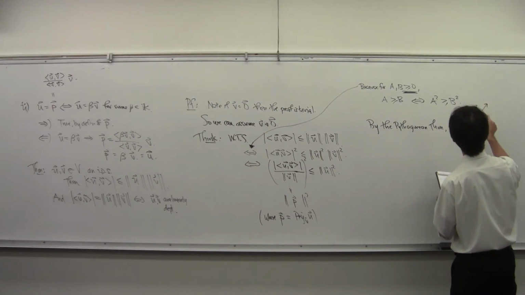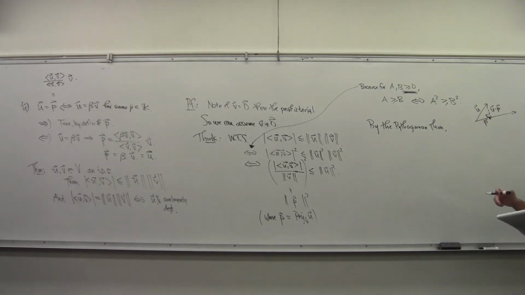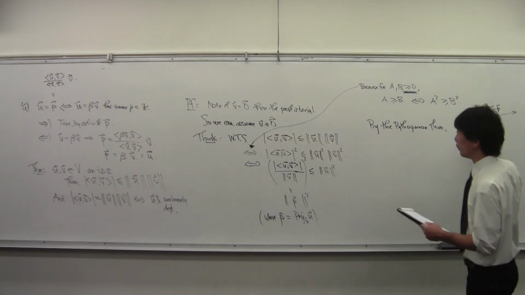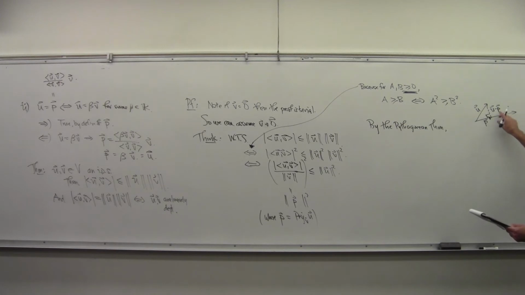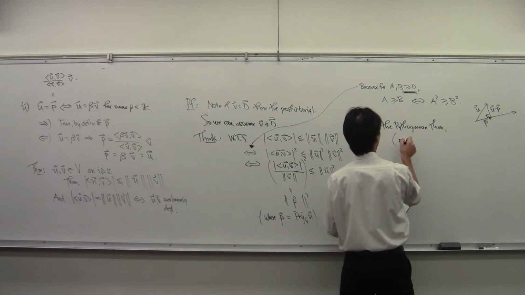So you have your U, you have your P, you have your U minus P. Again, there is no picture, but even so, we just showed in our lemmas, remember, that U minus P and P were perpendicular, right?